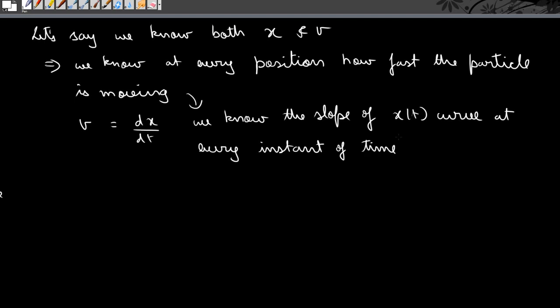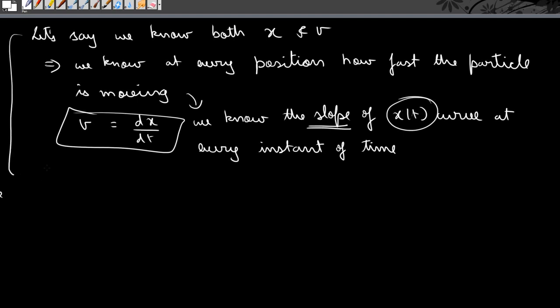Okay, so this is the same as saying that we basically know the x of t curve. So if we know the position as well as the velocity of the particle at every instant, which means in principle at every position, because of this definition, we know the slope of the xt curve.